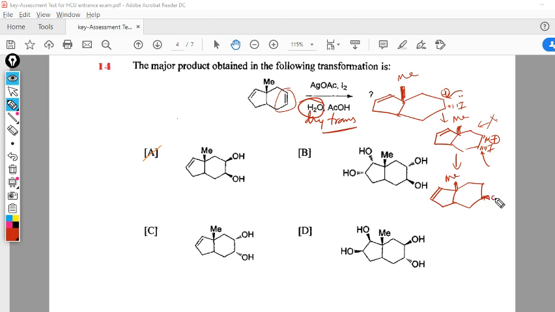And this is I. Now H2O will attack onto this, and this bond will go and attack, and this will eliminate.